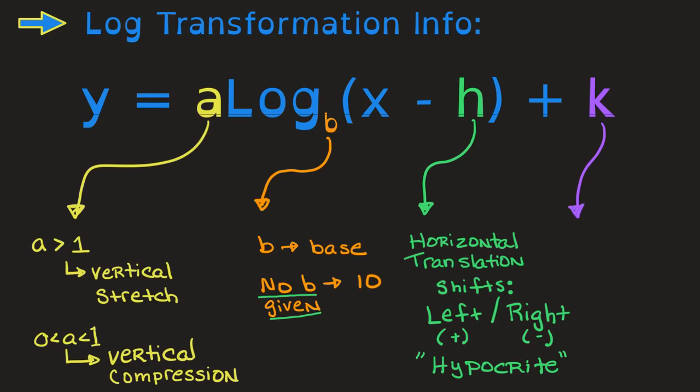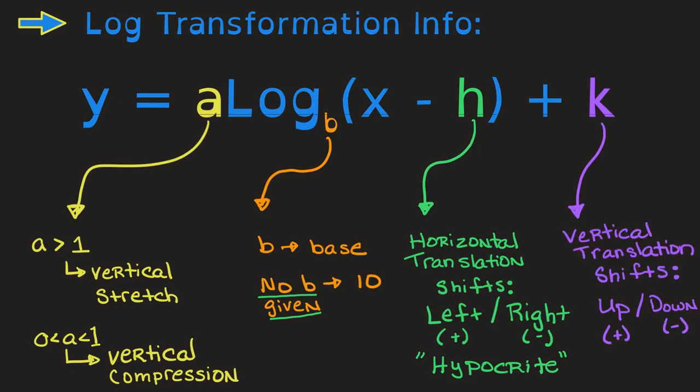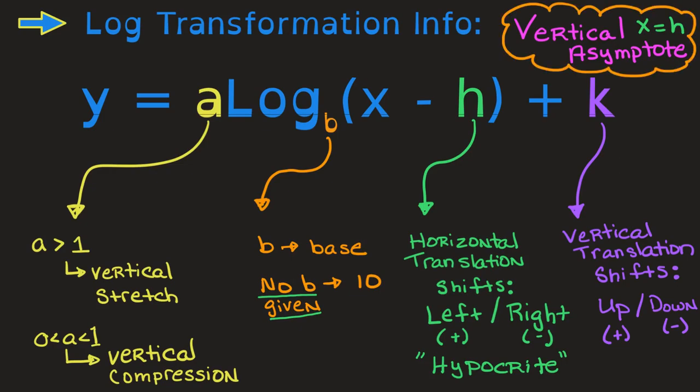It does exactly what it's supposed to do. It's going to do a vertical translation up and down. So if it's a positive k, it's moving up. If it's a negative k, it's moving down. All right, so the last piece of information I want to add to this is about your vertical asymptote. To find the vertical asymptote from a function, it's going to be x equals your h value.